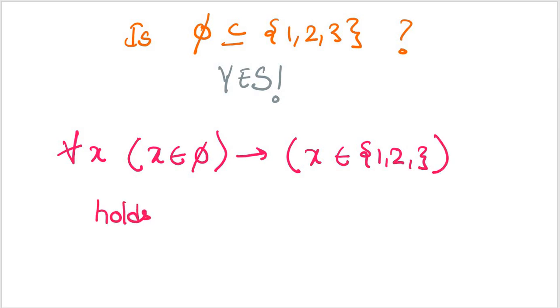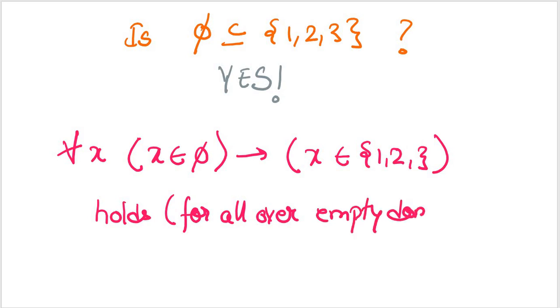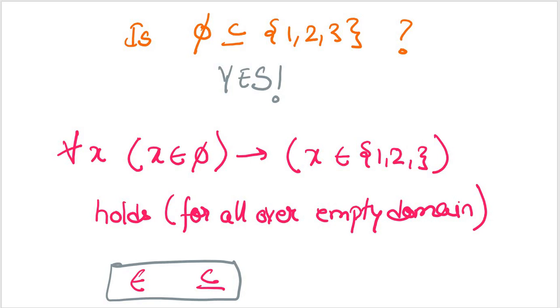This holds for all x over an empty domain as well. We'll talk about range and domain separately, but at this moment let's keep it to this level. There is always a difference between existing and being a subset, so these two things are separate. Let's see some more points on it.